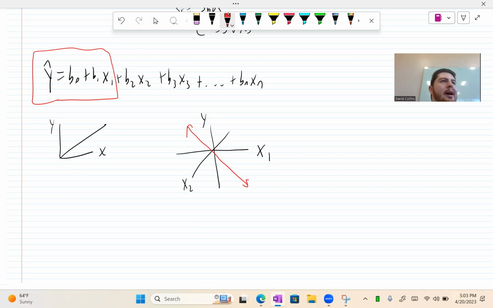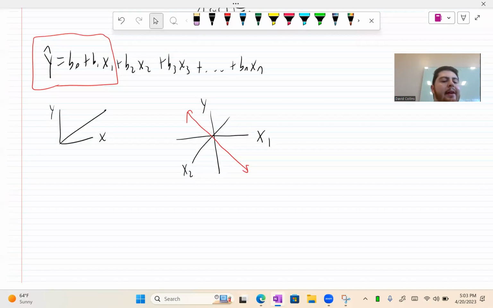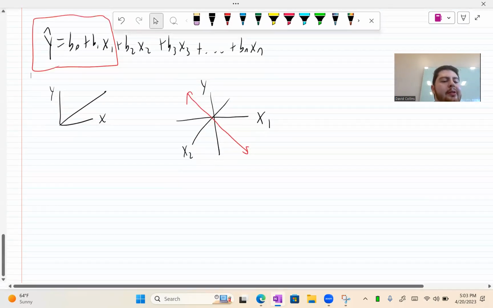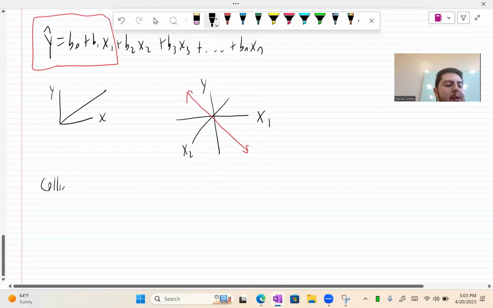Now, X1 and X2 can be related. X3 and X1 can be related. We can have all these predictors relating to each other. The worst form of predictors relating to each other is called collinearity.